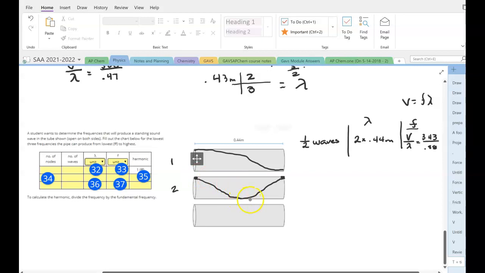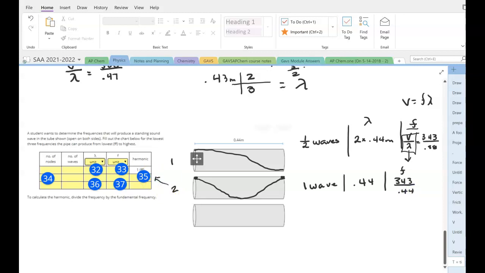Oh, I've got a whole wave here. I've got crest, trough, crest. So I have one wave, and my wavelength is 0.44 because it fits inside the tube, so my frequency would be 343 over my wavelength, using that equation again, over my wavelength of 0.44, and that would be my second harmonic for number 35.